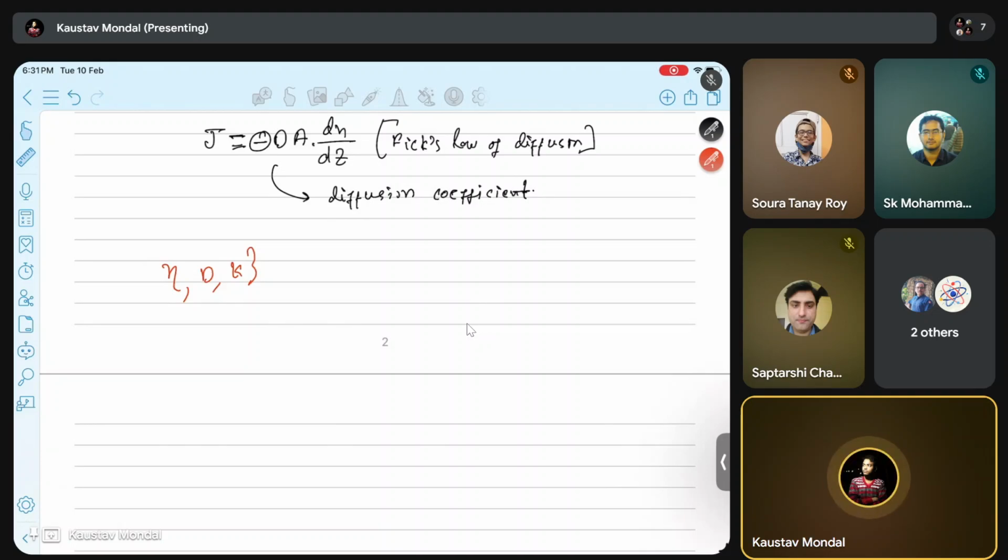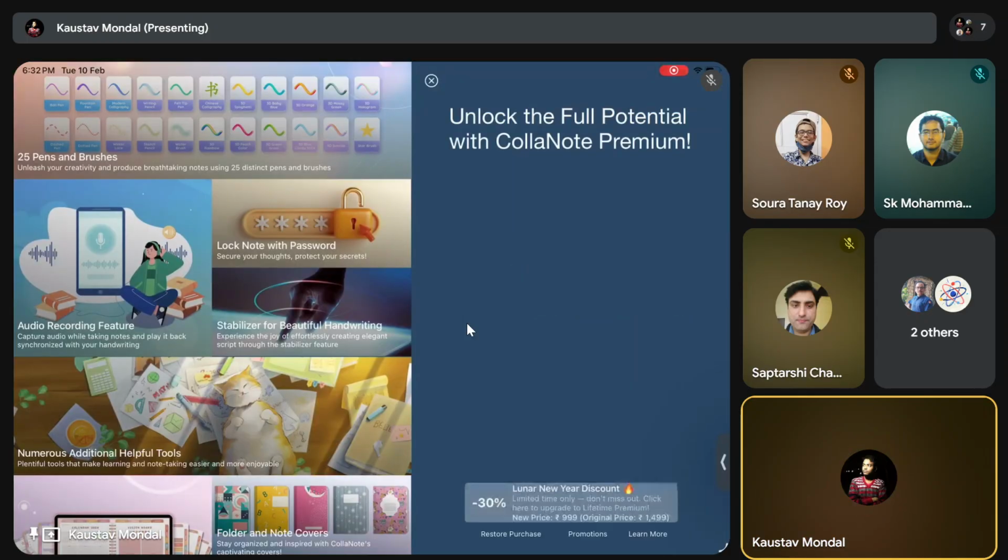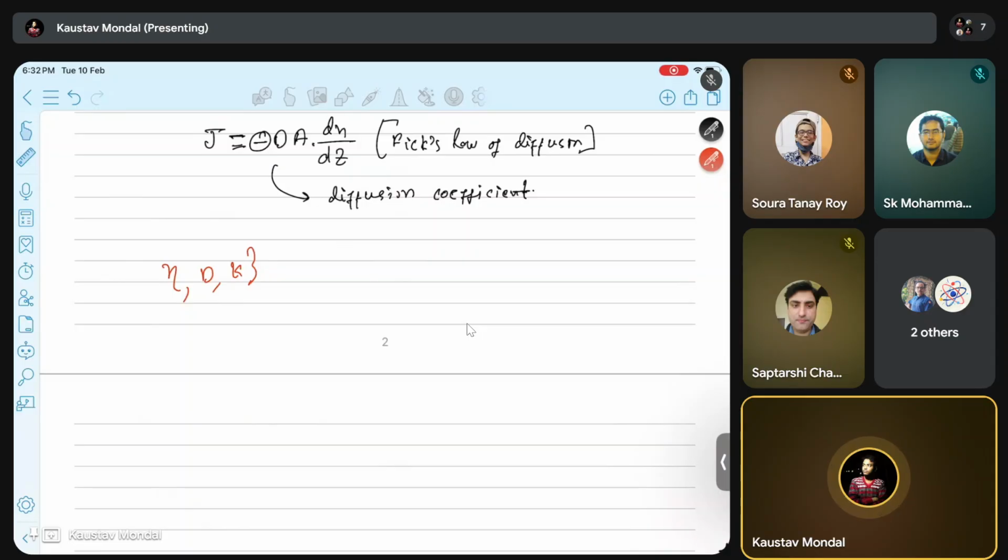So how to get those expressions? In order to get them, you have to first calculate, for the different cases, the expression for the inhomogeneous force or temperature gradient.